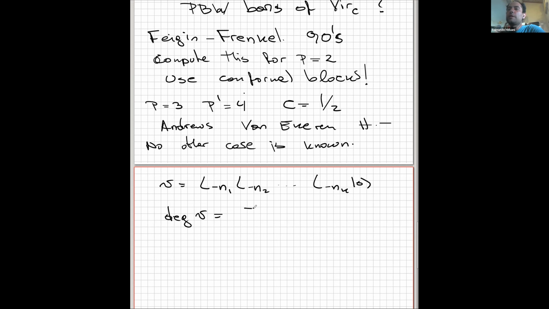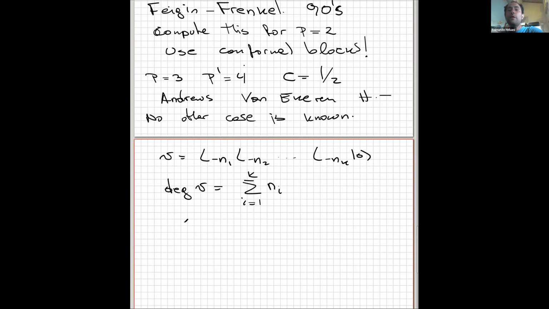The degree of V is the sum of the n_i's. So this is a graded module, and the singular vector is homogeneous. This unique singular vector V_{P,P'}, what I know is that it lives in degree (P minus 1)(P prime minus 1). And let me write this degree as S. So this is the definition of this S.